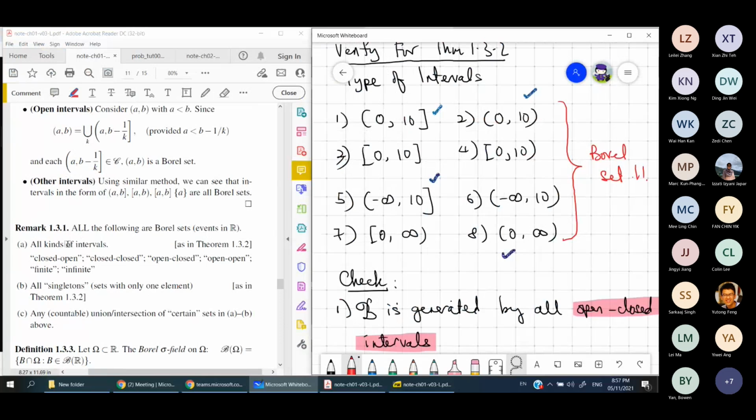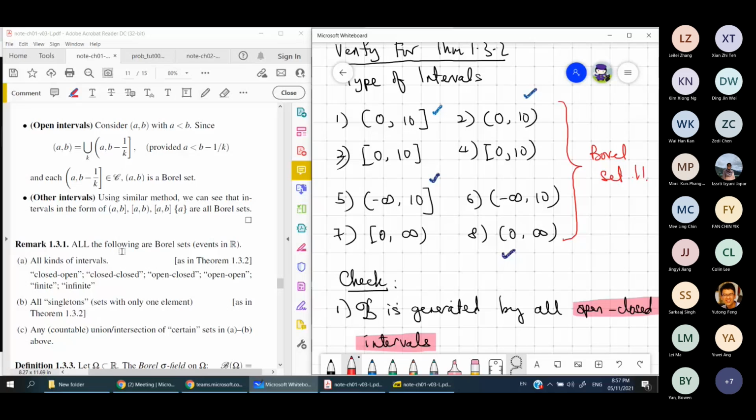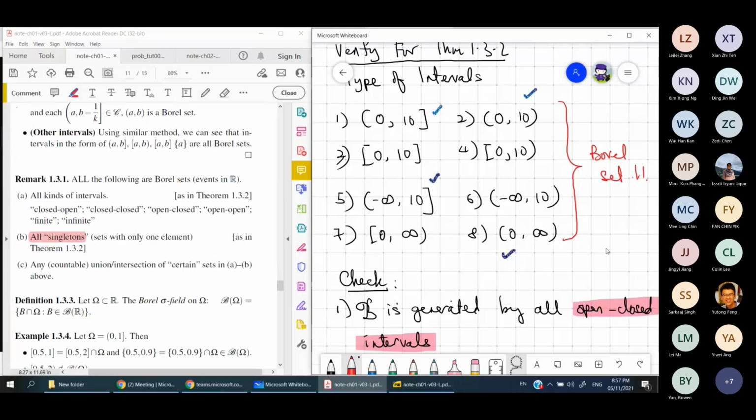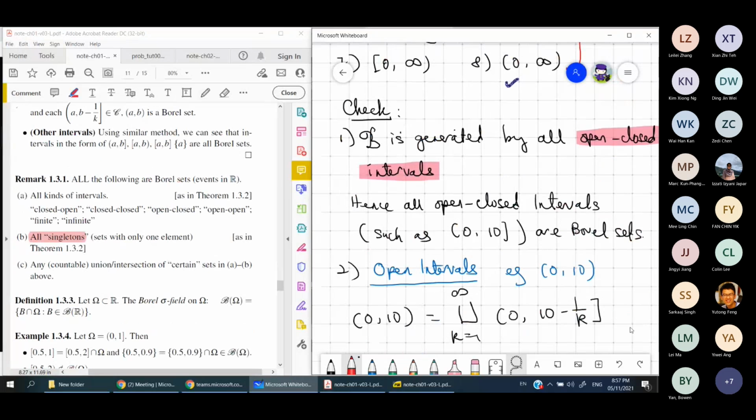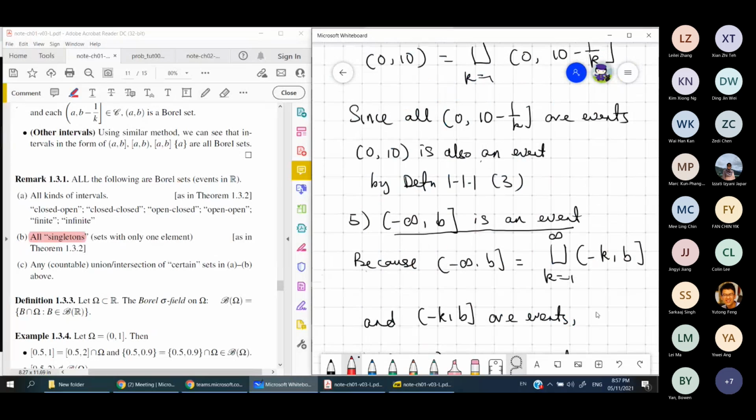So now we can see that all kinds of intervals, open, close, or close, open, close, close, open, close, open, open, finite, and all these are interval Borel sets. And next, all singletons, which means a set with only one element, are events. Why is this an event? We can check this.